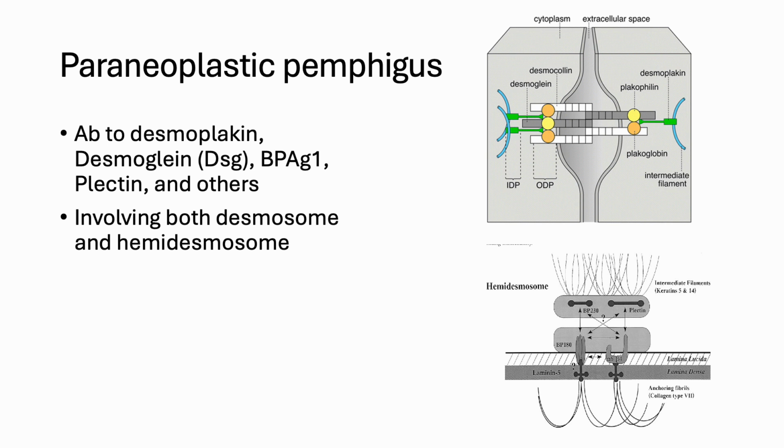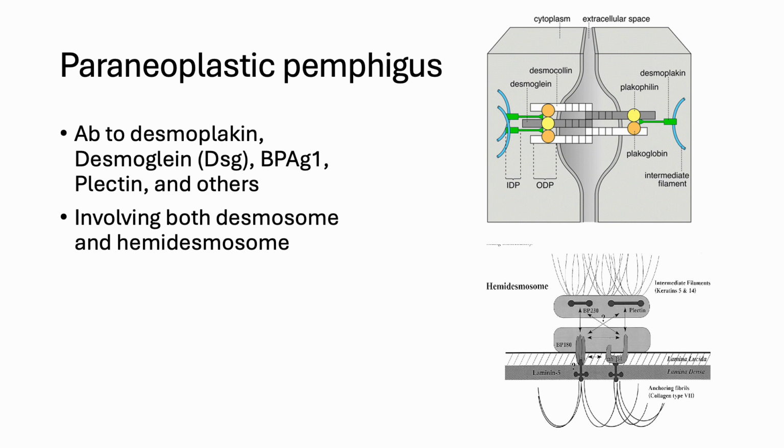In the entities we talked about, the PV or the BP, usually the body only generates one group of autoantibodies against either the hemidesmosome or desmosomes. Instead, in this paraneoplastic pemphigus, it can generate a whole lot of antibodies against not only one but both of the hemidesmosome and desmosome structures.